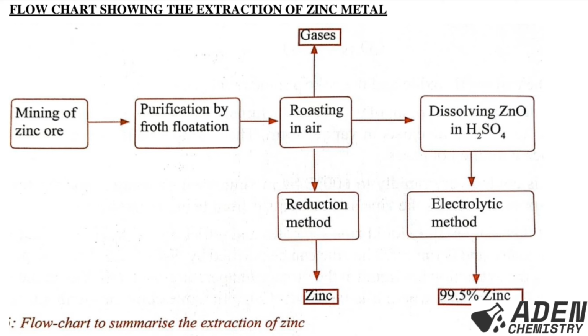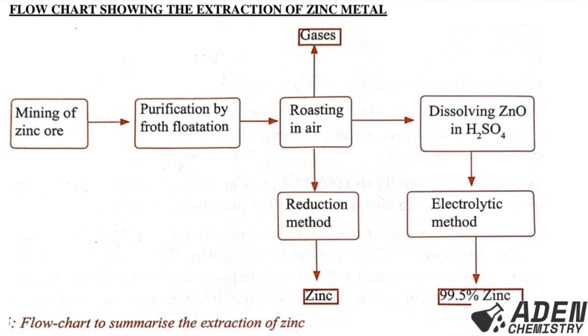So last, let's go to the flow chart showing the extraction of zinc metal. We first of all start with mining of the zinc ore, then we will go to the purification, and remember we are going to purify by froth flotation. Then next we are going to go to roasting of the ore in air, and here we are going to get metal oxide, that is zinc oxide, and also sulfur dioxide. So the gas that we have is sulfur dioxide.